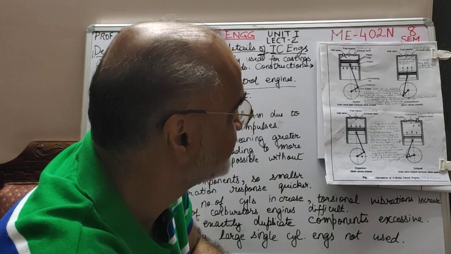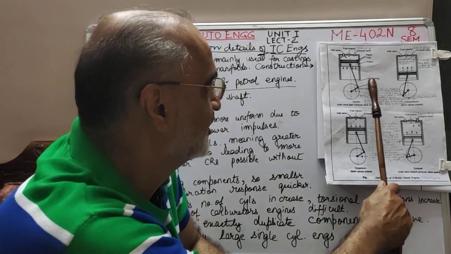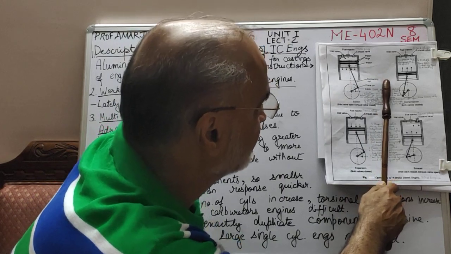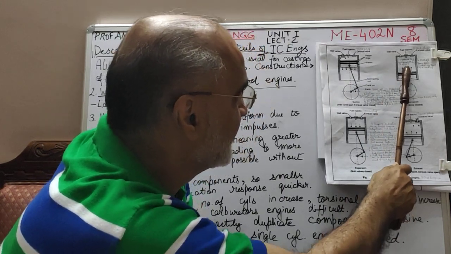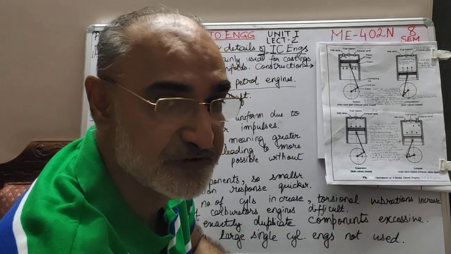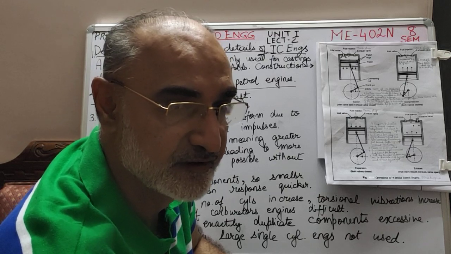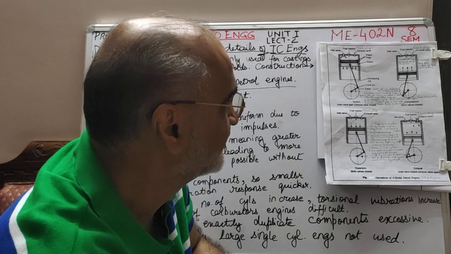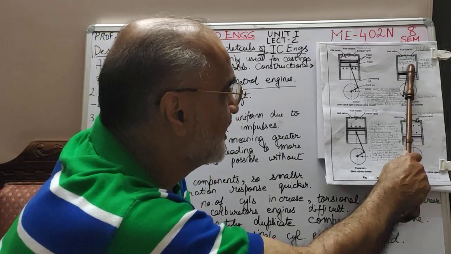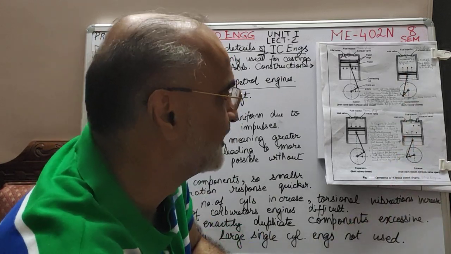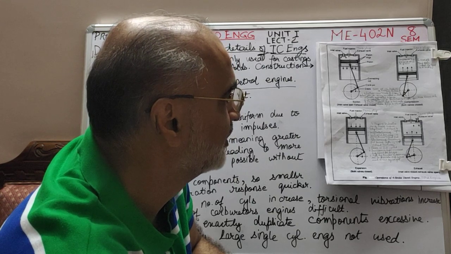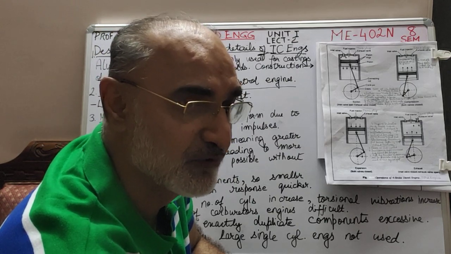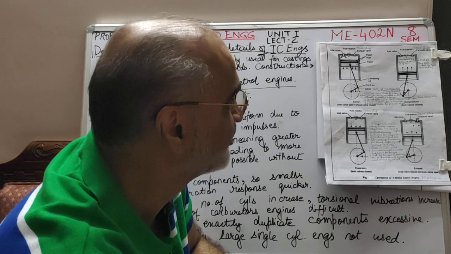The little difference is that after the suction, in the compression stroke, the air, here there is no mixture, it's only air in diesel. Diesel is sprayed subsequently. Let's say the air is compressed to about 22:1. 22 means the original volume, if it was 22, it is compressed to 1.